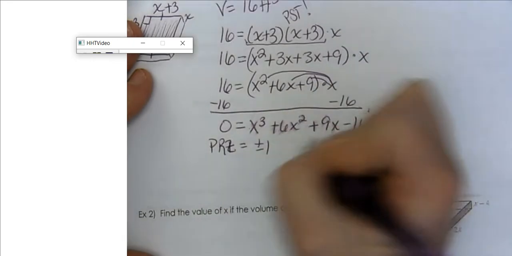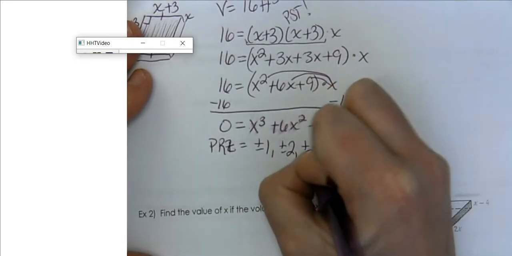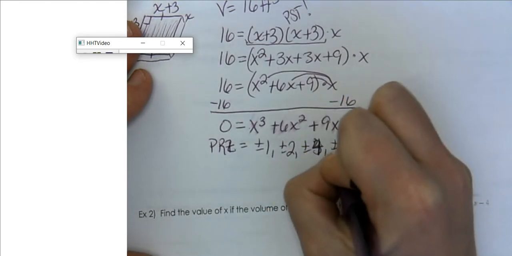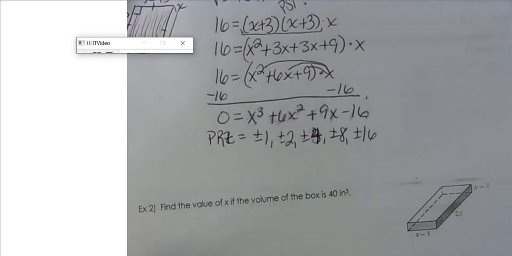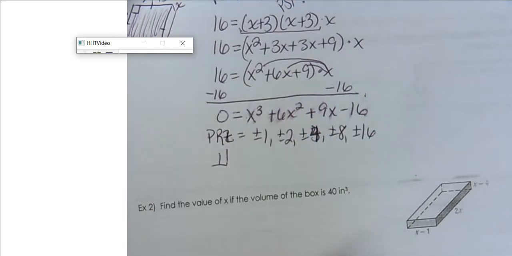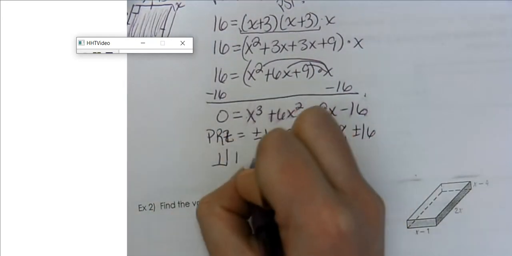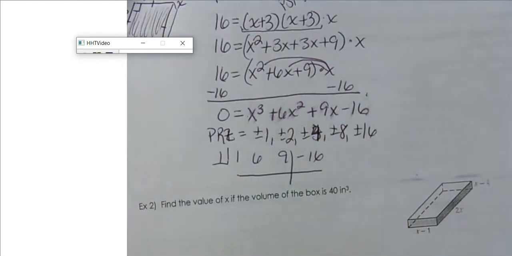So I have plus or minus 1, plus or minus 2, plus or minus 4, plus or minus 8, and plus or minus 16. Using a little bit of logic, we're going to start with number 1. So I'm going to test positive 1 to see if it will work, and I'm going to put in 1, 6, 9, and negative 16. Remember that it works if we end up with a remainder of 0.